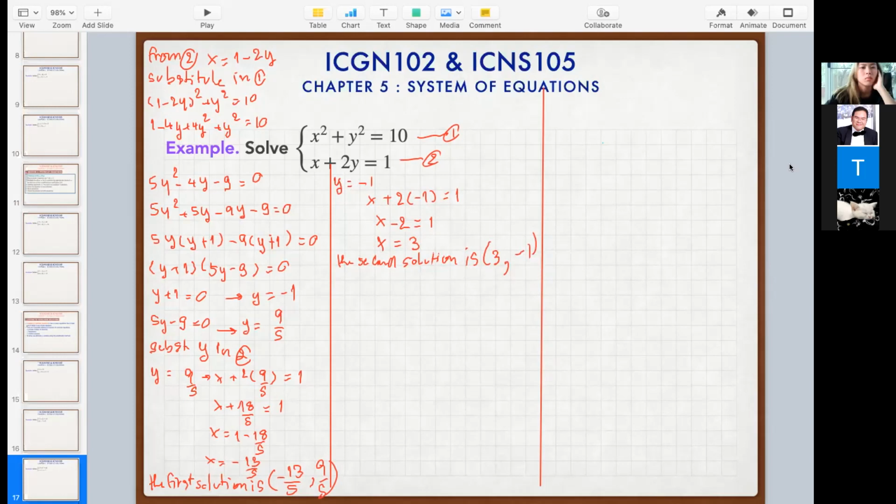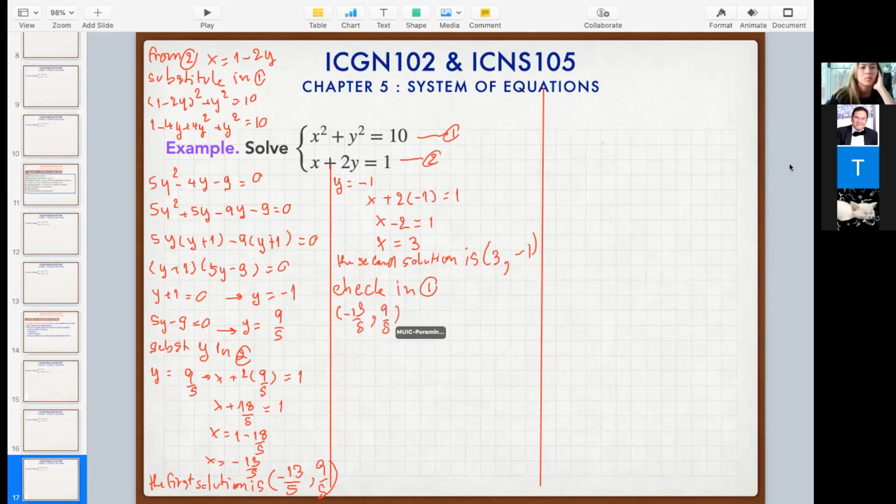Now the next thing that we have to do is check in equation number 1 first for the first solution, negative 13 over 5 and 9 over 5.